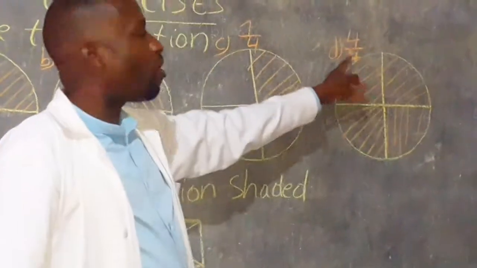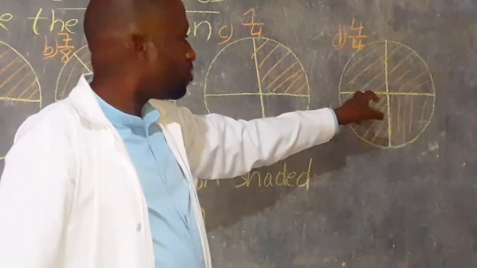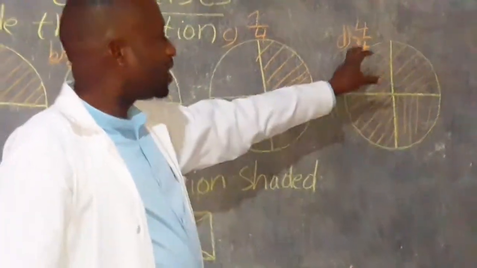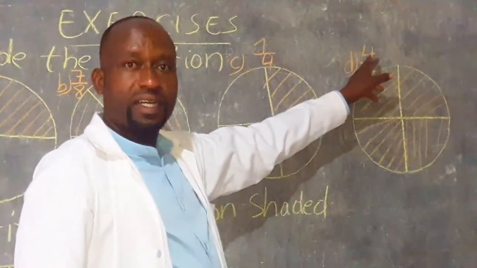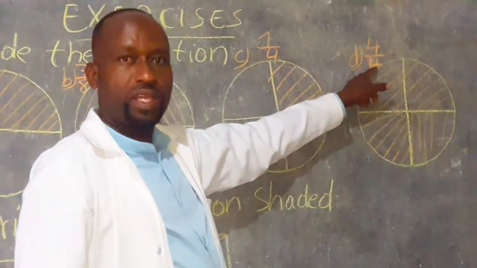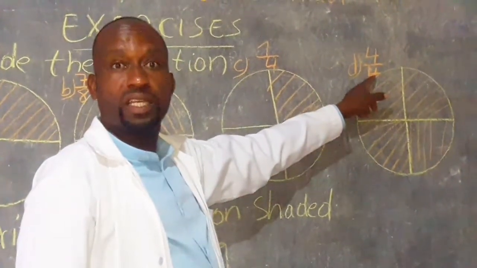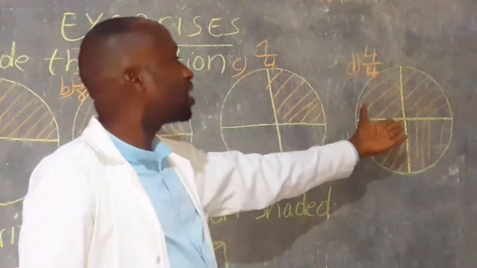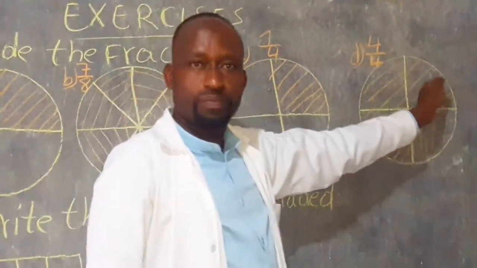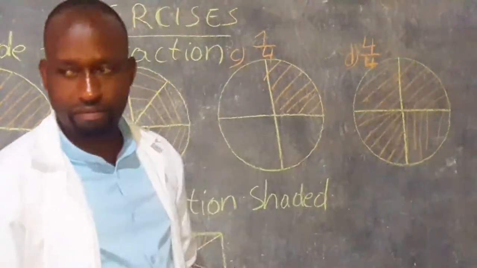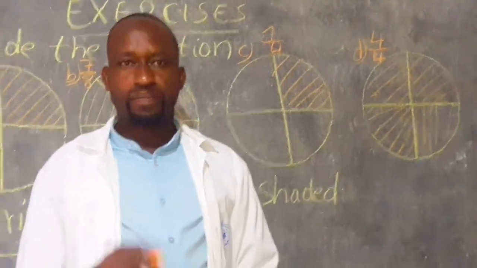Here is 4 over 4. And when numerator equal with denominator, that says is a whole. I take all, potato is a whole.